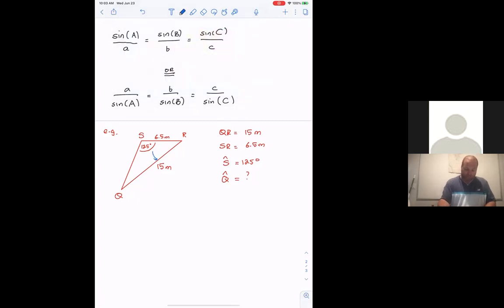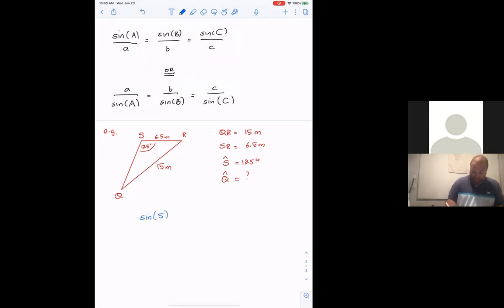Do we have one? And the answer is yes. We see that angle S and the side opposite angle S, we know we have an angle side pair and something else. Because of that, we are allowed to use the law of sines. What are we looking for? We're looking for an angle, so we'll use the first version.